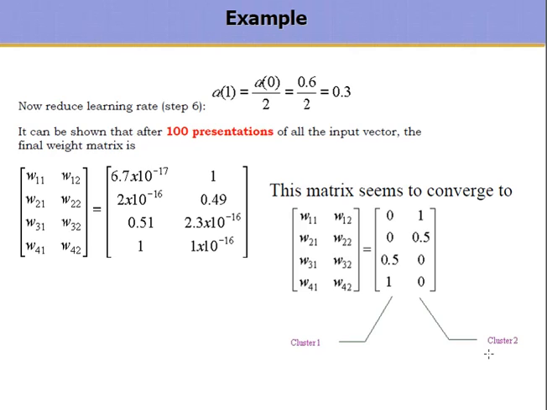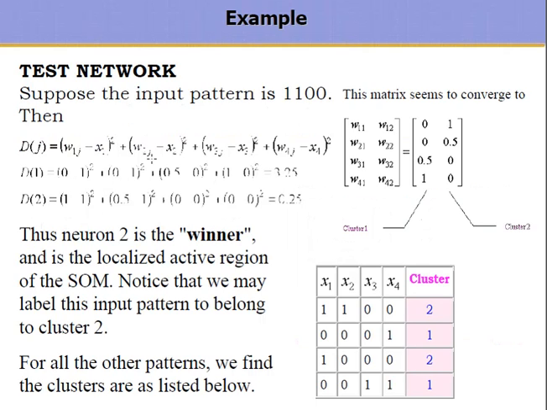Because we have two output neurons and two weight vectors, we will be forming two different clusters, and our input patterns, after completing these 100 iterations, will be successfully clustered into two clusters.